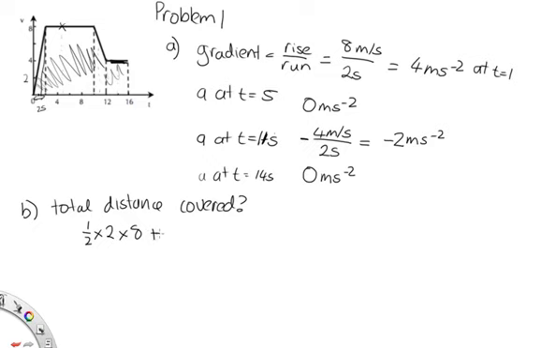And then we've got our rectangle, which goes from 2 seconds up to 10 seconds, so that's 8 seconds, and the height is 8. And then we've got this trapezium here, which has width 2, and the height here is 4 and 8 there. So we've got 8 plus 4 on 2 times 2.